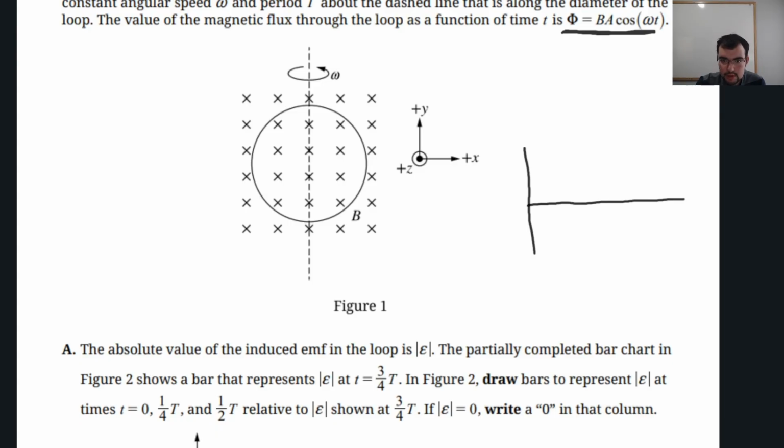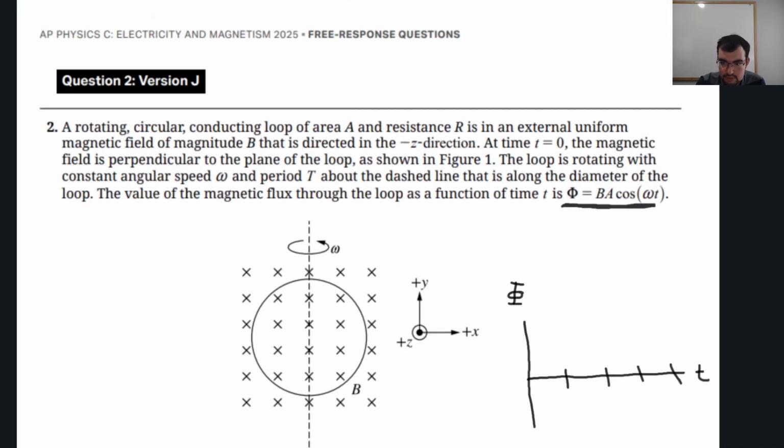So if I look at flux with respect to time, and I'll block out quarter cycle, half cycle, 3/4 cycle, cycle, close enough. The flux starts, cosine 0 is 1, and based on this picture, it makes sense because the entire circle is being pure straight on.